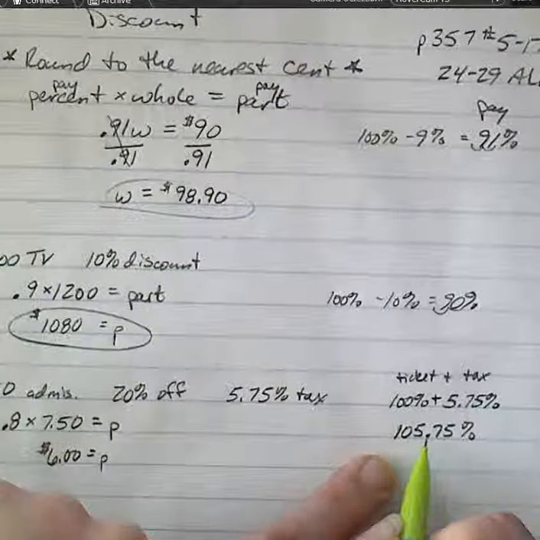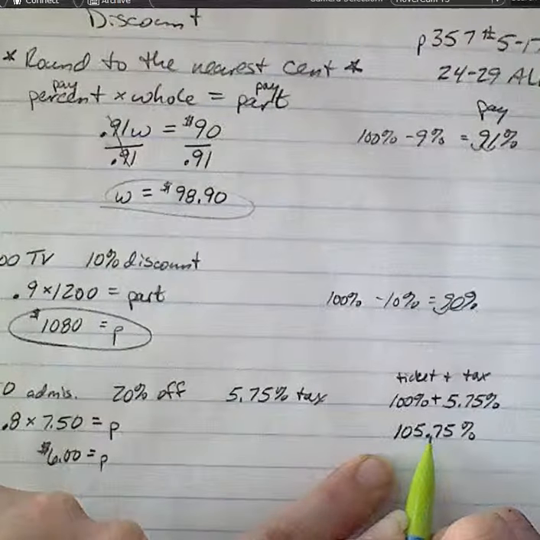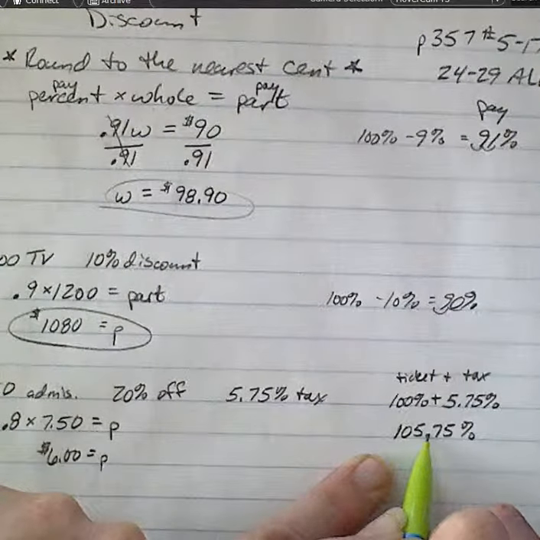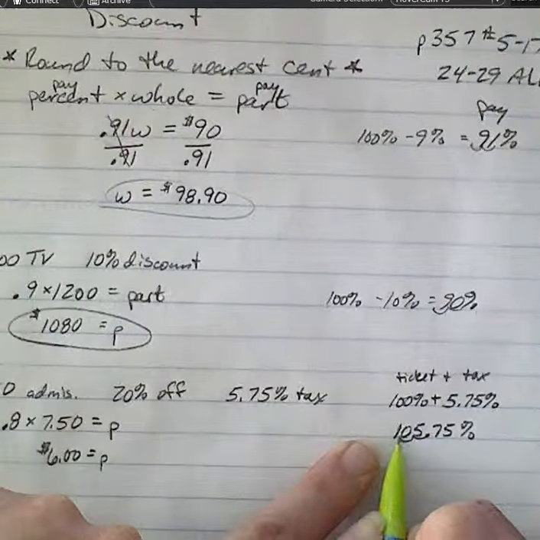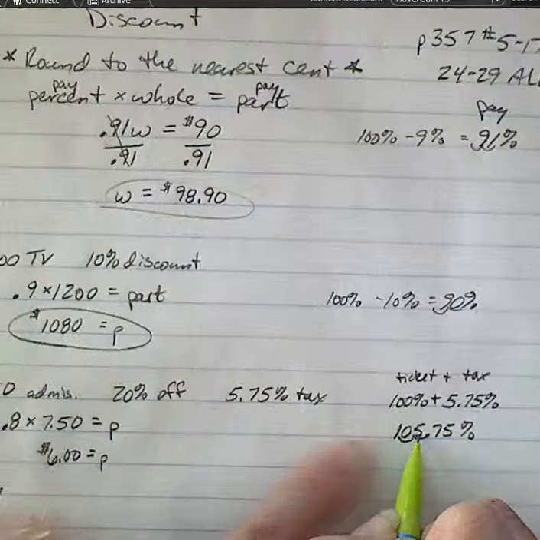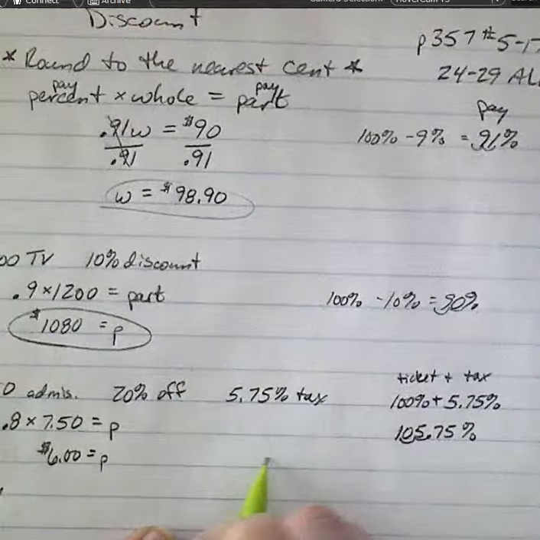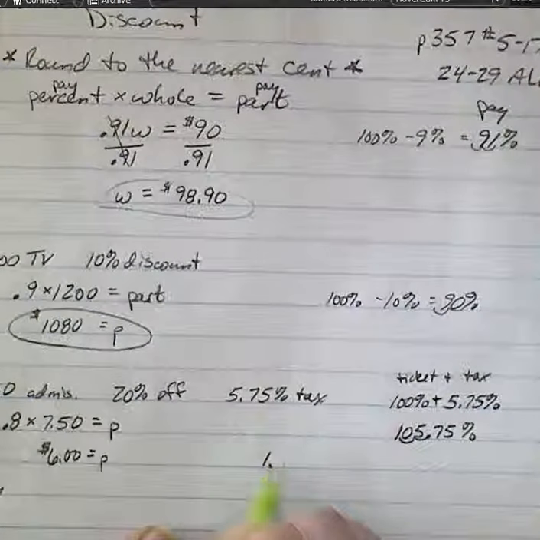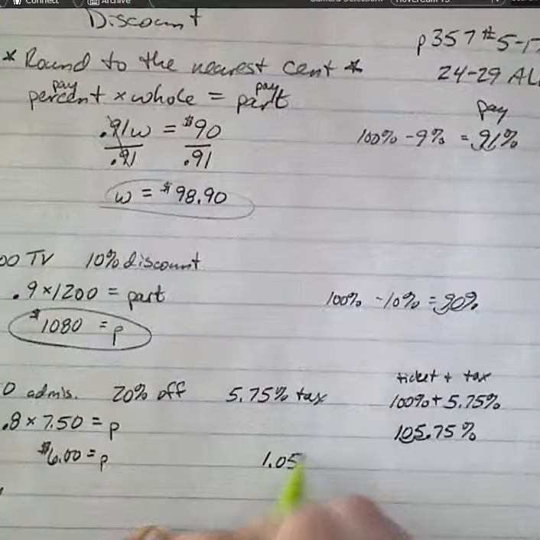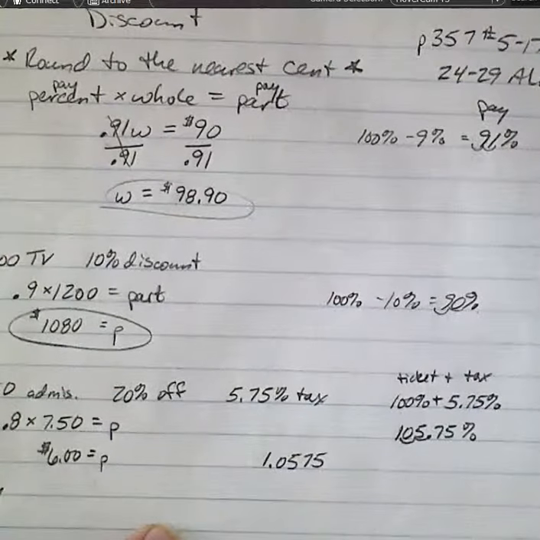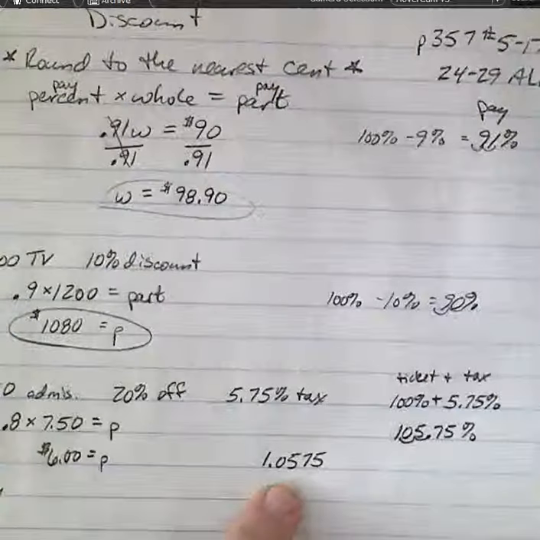Move the decimal over to the left 2 spots. Good. You still have to move it 2 spots because this goes in the hundredths place. So the percent I pay is 1.0575. You cannot forget how to change decimals to percents and percents to decimals. So that's how much I pay.